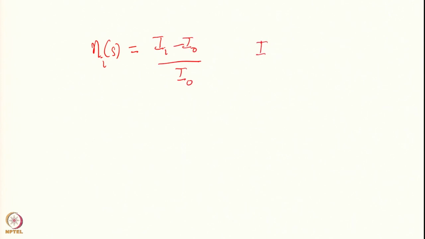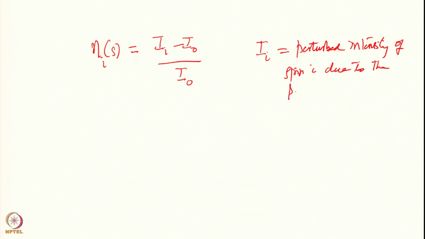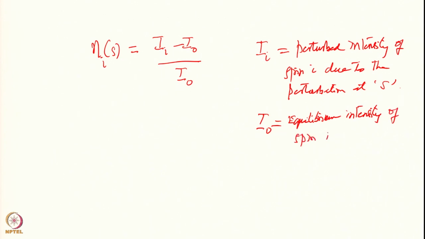And what is I? I is the perturbed intensity of spin I due to the perturbation at spin S, and I naught is the equilibrium intensity of spin I in the control. That means in the absence of perturbation at spin S, okay.